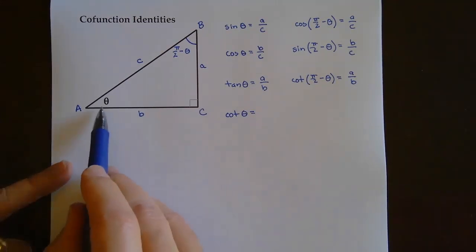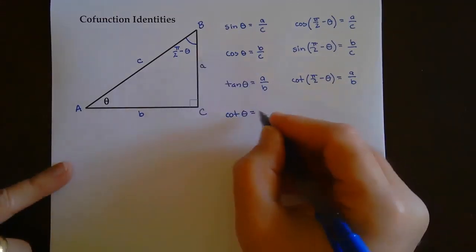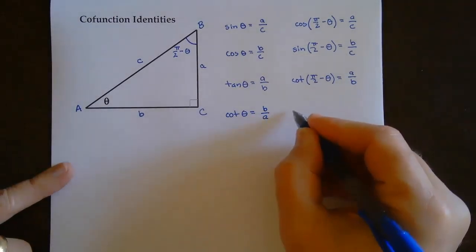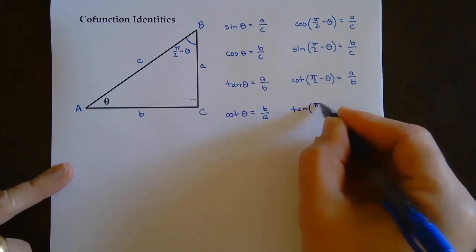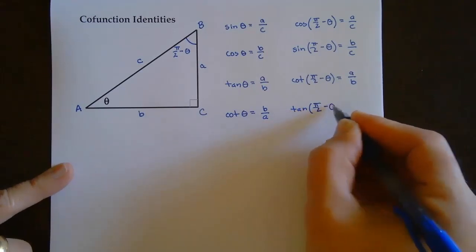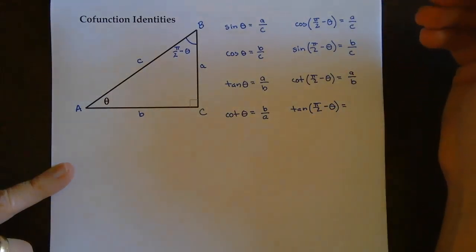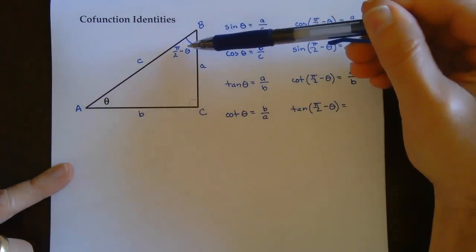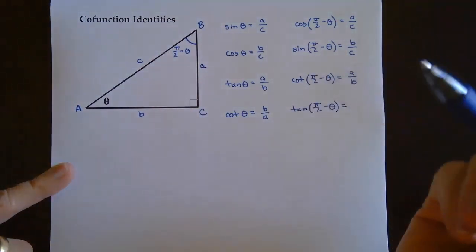So for theta, the adjacent leg is B and the opposite leg is A. So this would be B over A. Tangent of pi over 2 minus theta is the opposite leg over the adjacent leg. So for this angle pi over 2 minus theta, the opposite leg is B and the adjacent leg is A. So this one would be B over A.